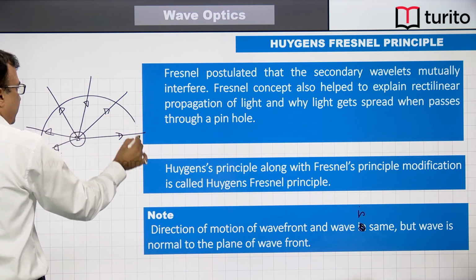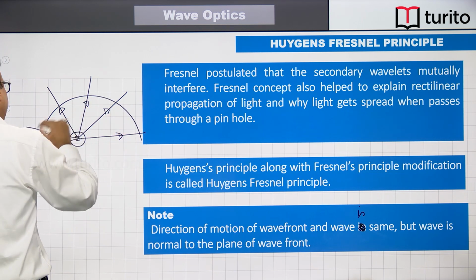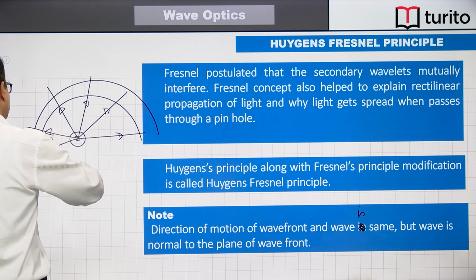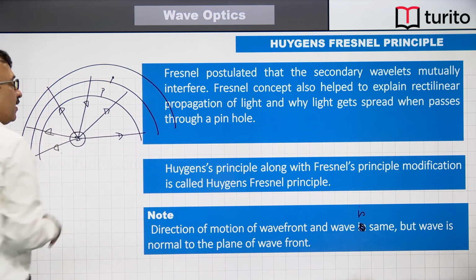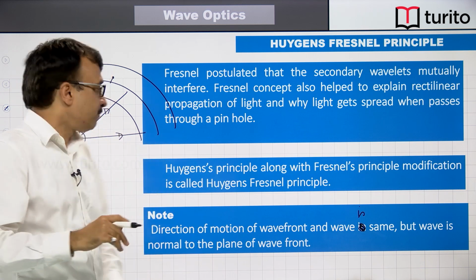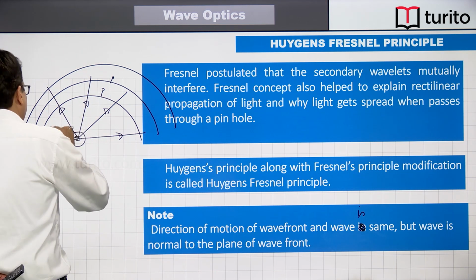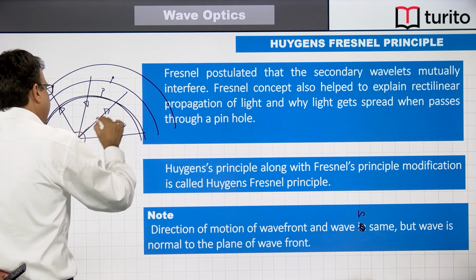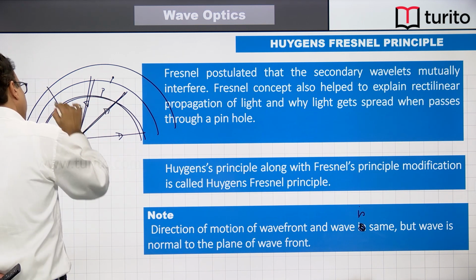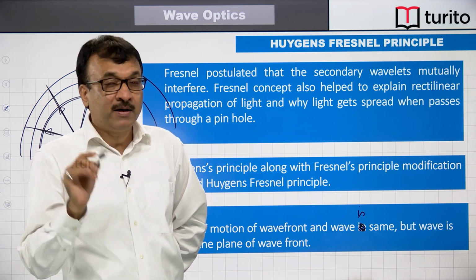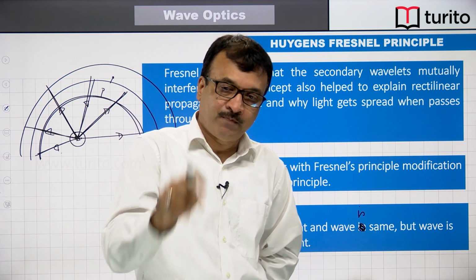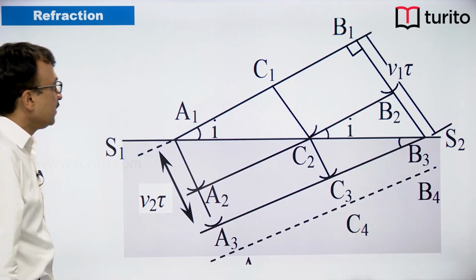Then the wavefront will be like this. This is a wavefront, this is another wavefront, this is another wavefront. So, the wavefront is also travelling along the direction of propagation of the wave, but this wavefront is perpendicular to the waves. So, waves and wavefronts are perpendicular, but the direction of propagation is the same. This we have to remember.